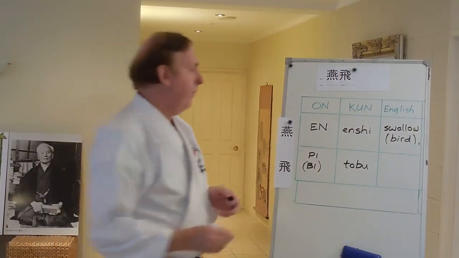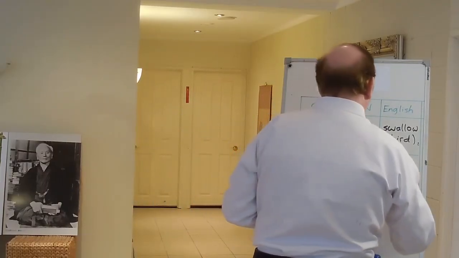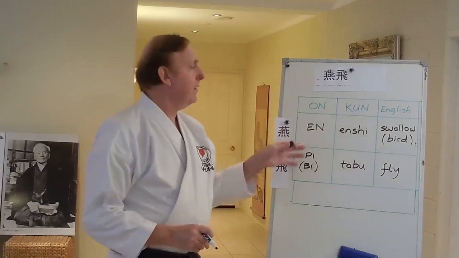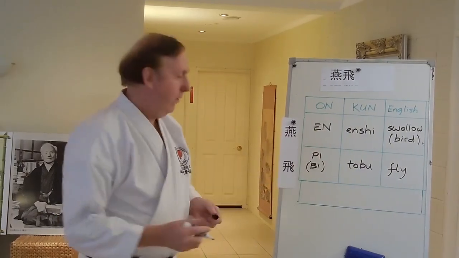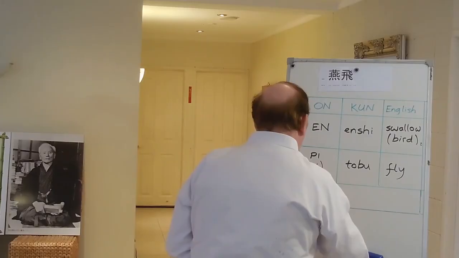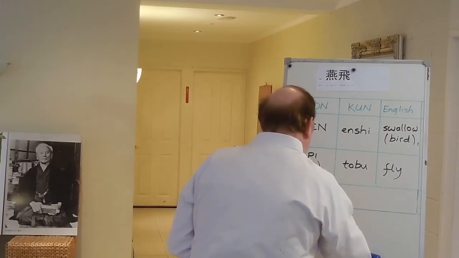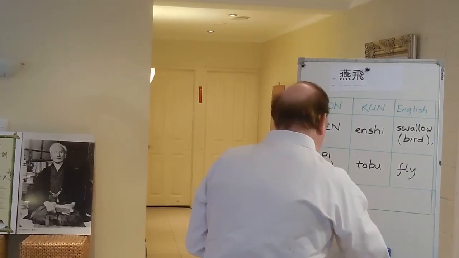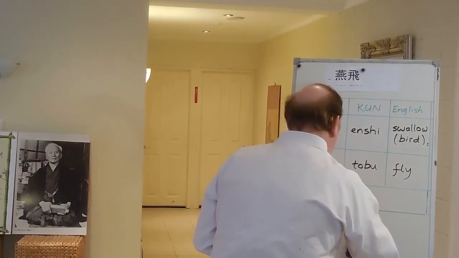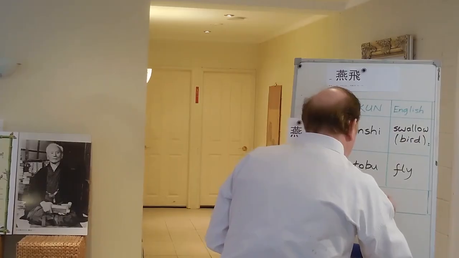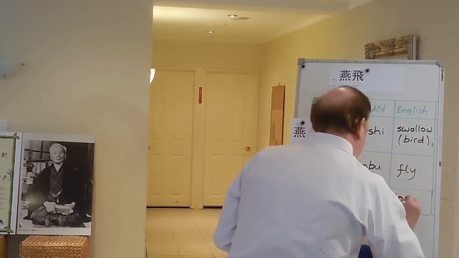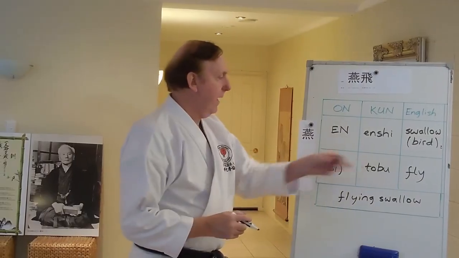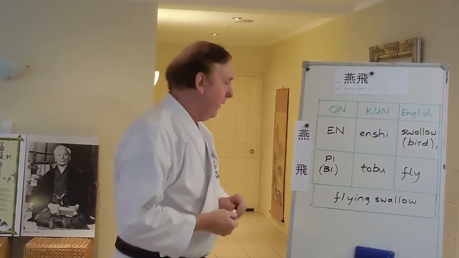So tobu means to fly. So this one is very easy to see, flying swallow, which is how we usually translate that one in English. So pi or bi, it's just a softening sound, and tobu is to fly, flying swallow.